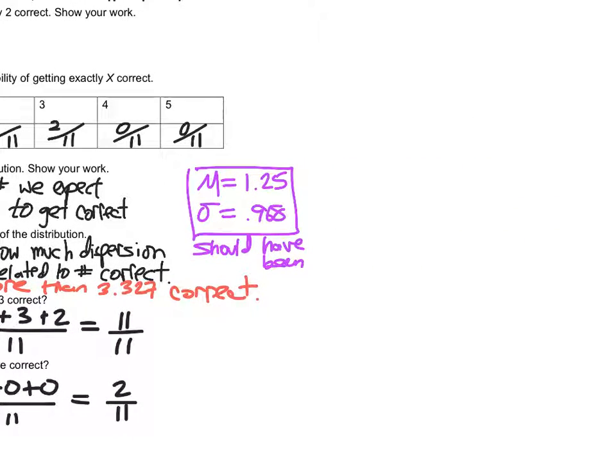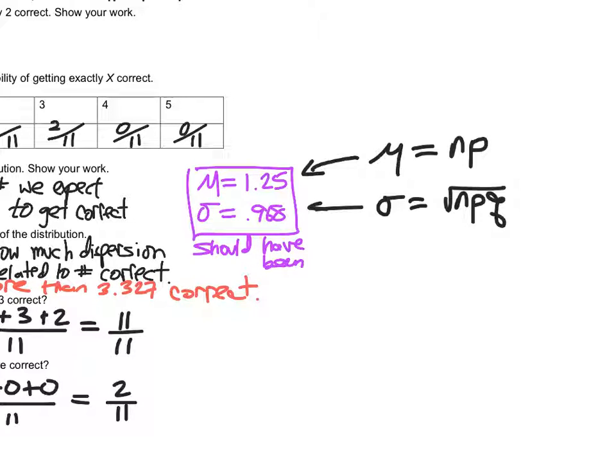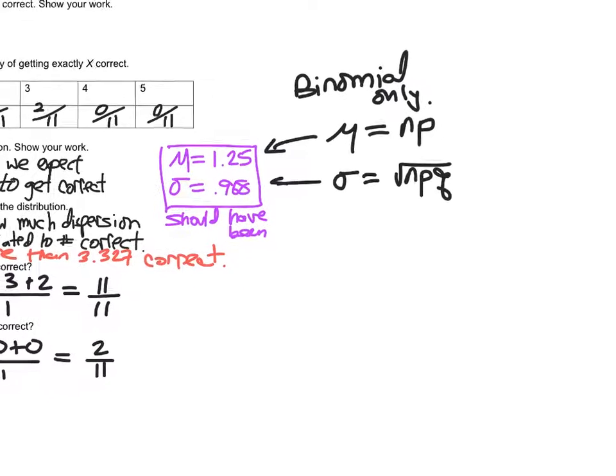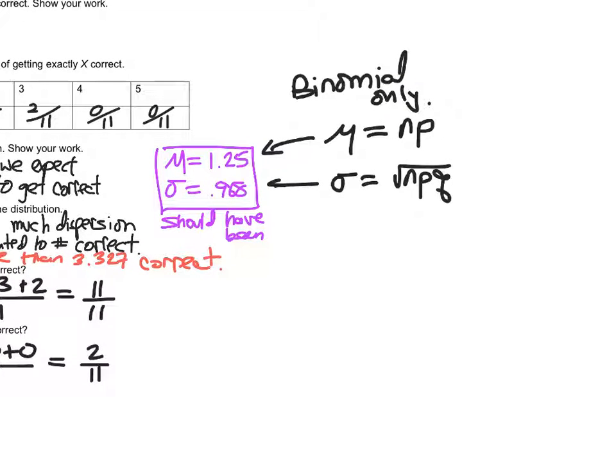So a little bit of a spoiler, because it's on the next page of your notes. For a binomial distribution, mu is equal to np, and sigma is equal to the square root of npq. This is binomial only. All right, so very easy to verify this because my number of trials was 5.